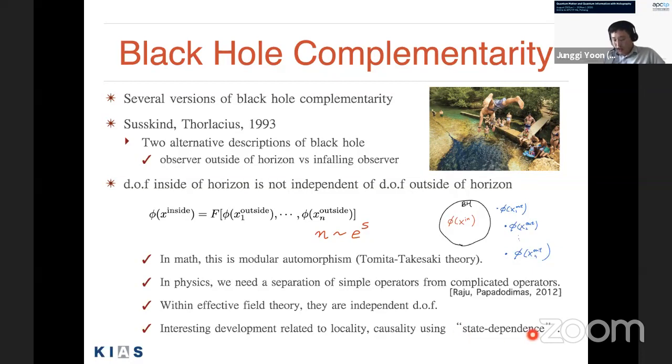So they put state dependence, and in my opinion this version of complementarity is very important in the island conjecture, because here you separate the inside degrees of freedom from the outside and treat them as independent. But the island story is, in short, the breakdown of this separation.